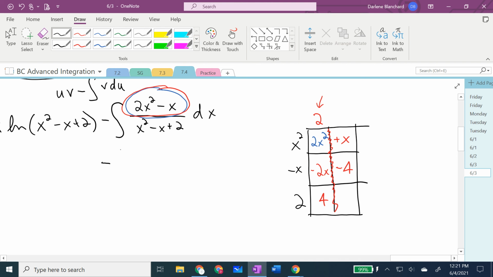I end up with subtracting the integral of the entire giant polynomial quotient 2 plus remainder x minus 4 over my x squared minus x plus 2.